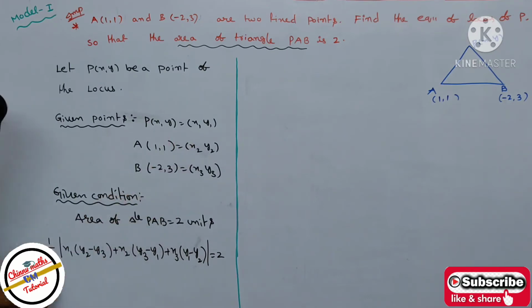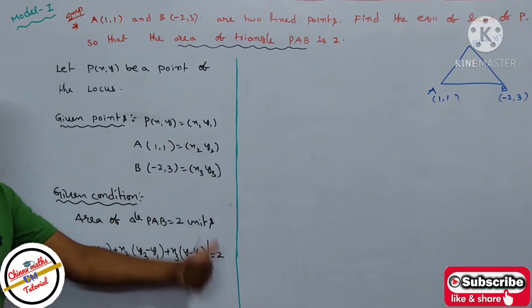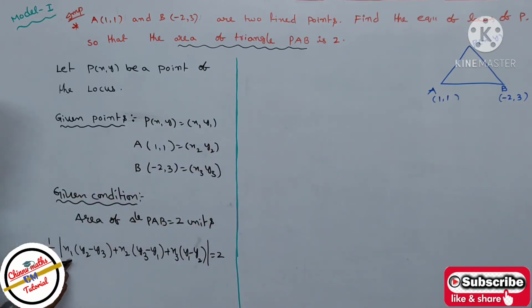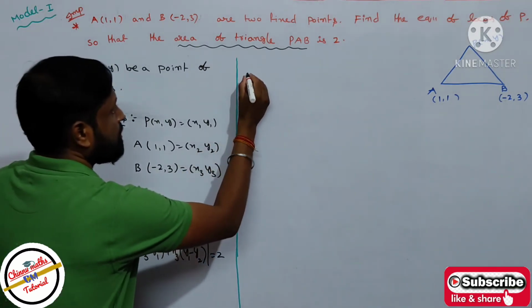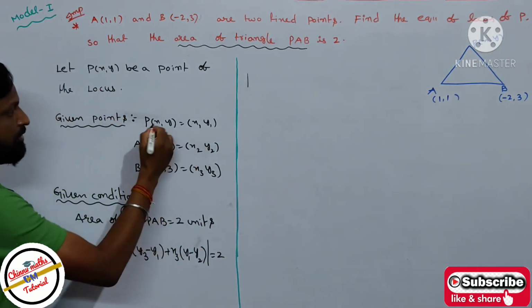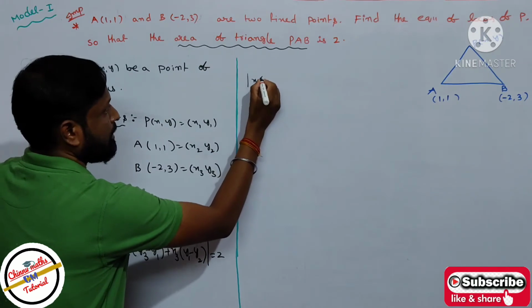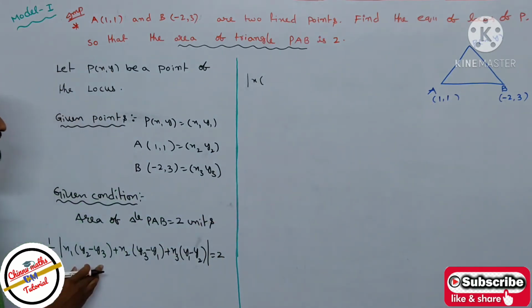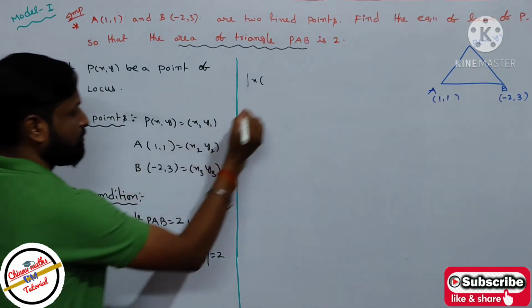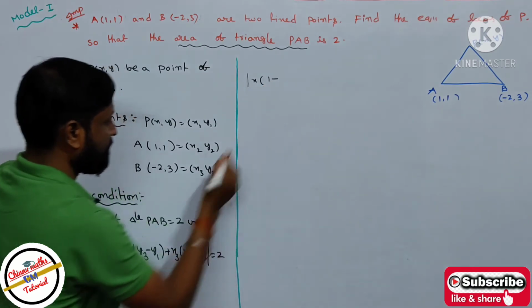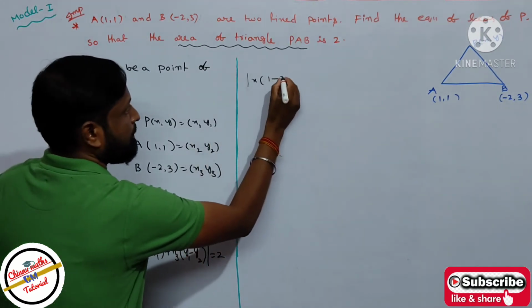After that, taking the cross multiplication, 2 into 2, that is equal to 4. Then substitute the values: x1 equal to x into bracket of y2 minus y3, y2 equal to 1 minus y3 value equal to 3.